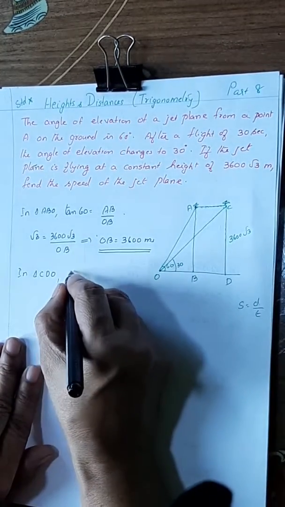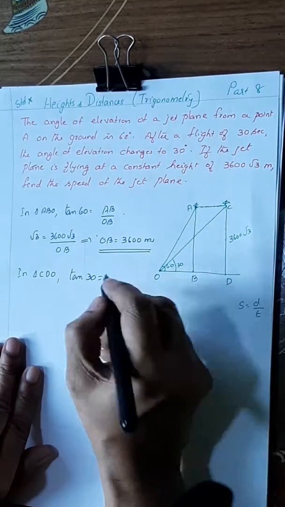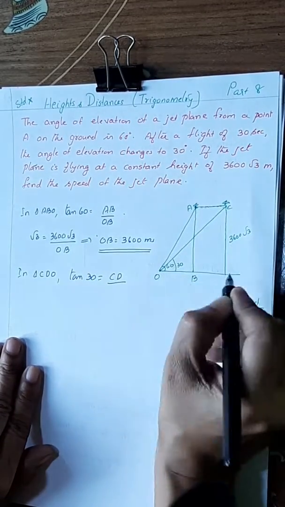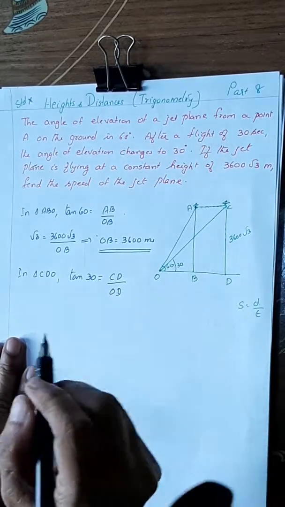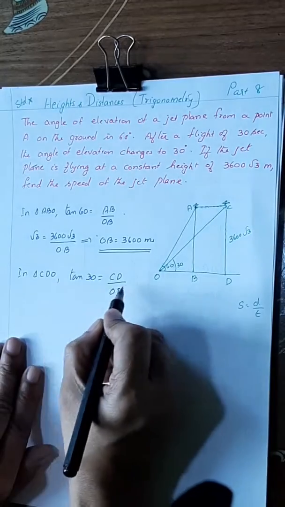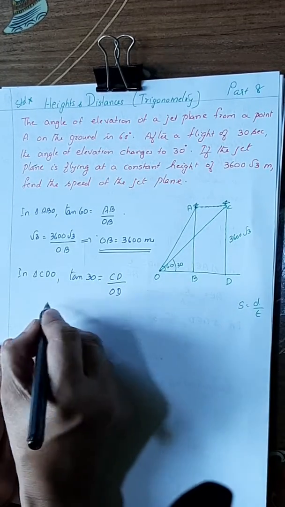Now take the triangle CDO. Tan 30 is equal to CD by OD. So tan 30 will be 1 by root 3.